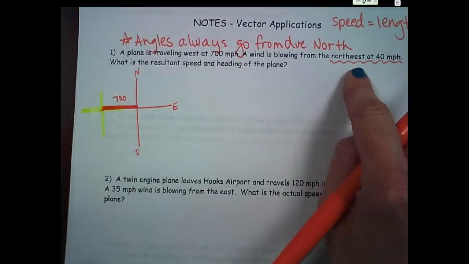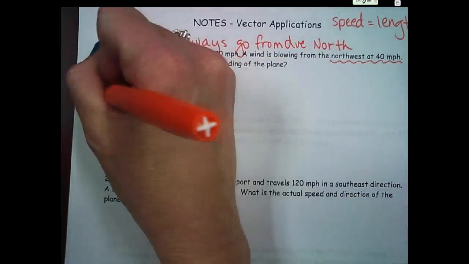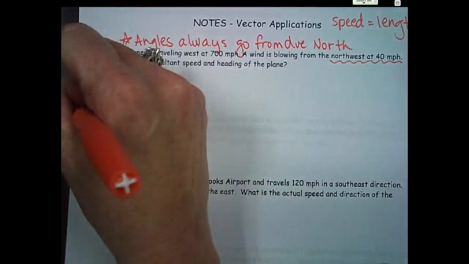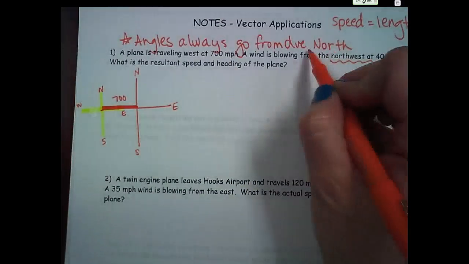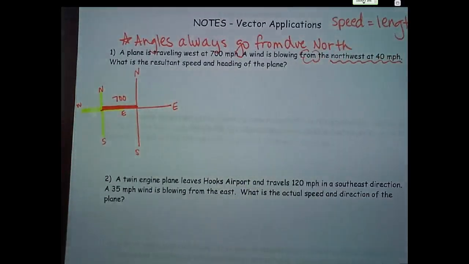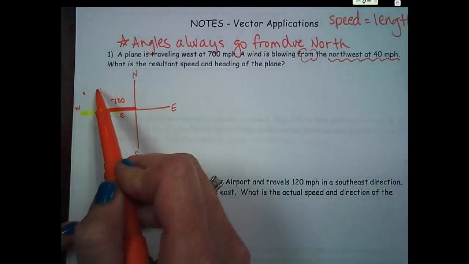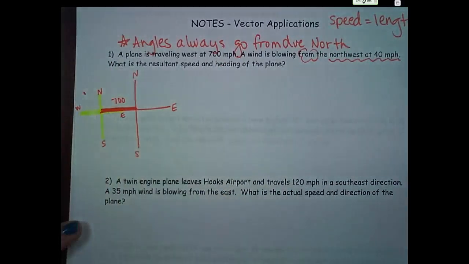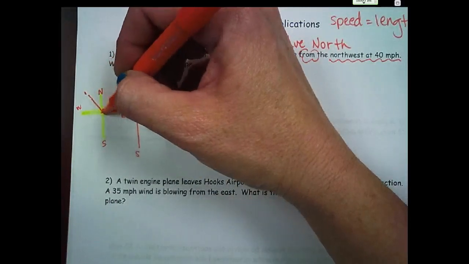I didn't mean to rhyme there. But you're going northwest at 40. If this is your map, north, south, west, and east, I'm coming from the northwest. So this is northwest, isn't it? There's north, and there's west, that's northwest. So if I'm going from the northwest, their wind is going to be here.